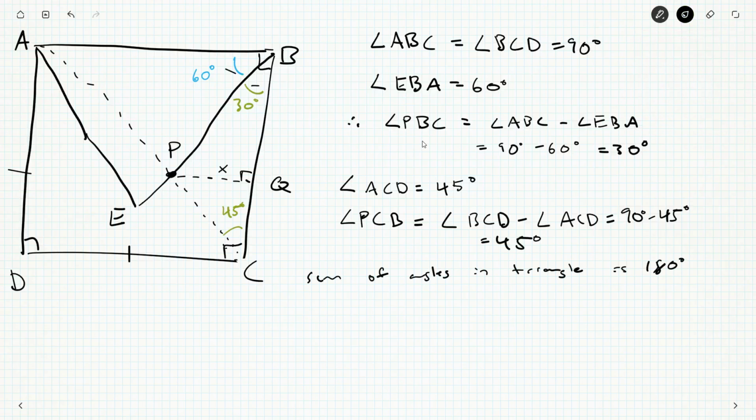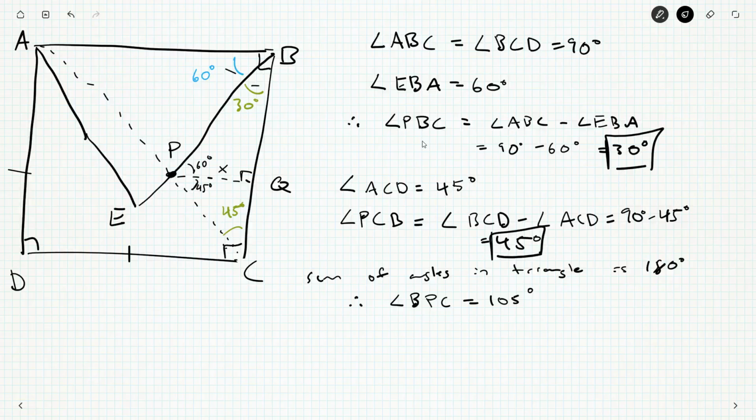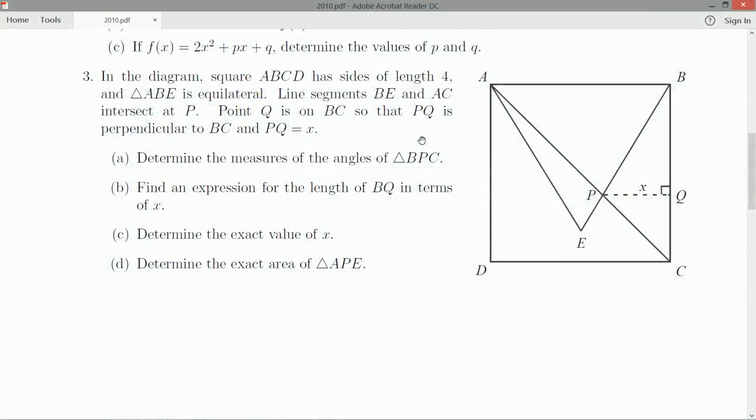Well, we've got 30 degrees, we've got 45 degrees, so we've got 75 degrees on offer. So angle BPC has got to be 105 degrees. And you could also say, well, it's 60 from this right angle triangle and 45 from this right angle triangle. That's another way to see it, but there you go. So maybe just put a box around each of them, or maybe make a final statement, but we've got all the angles in BPC.